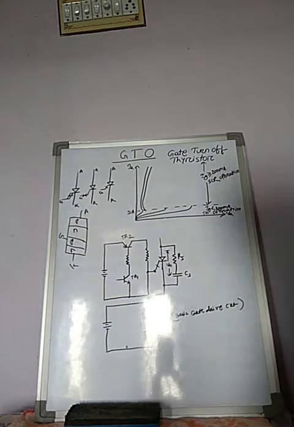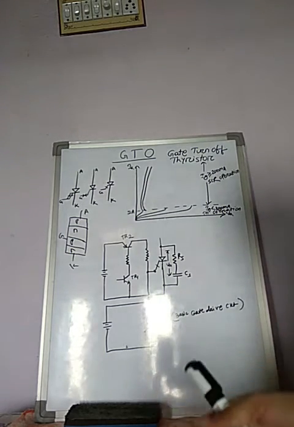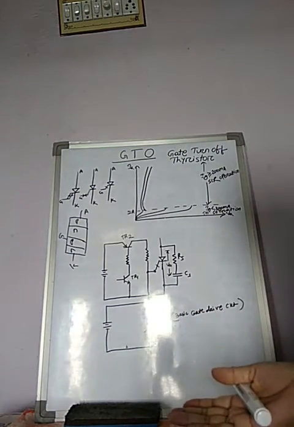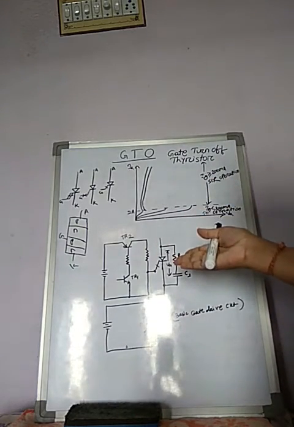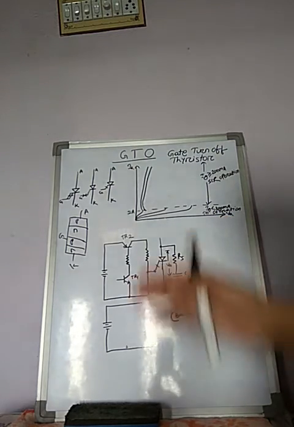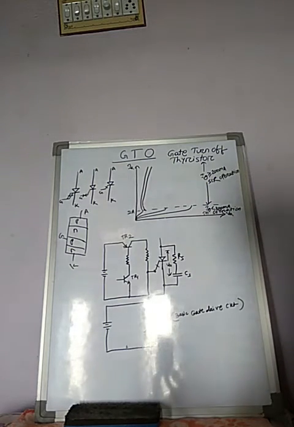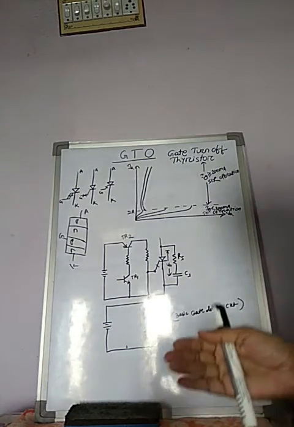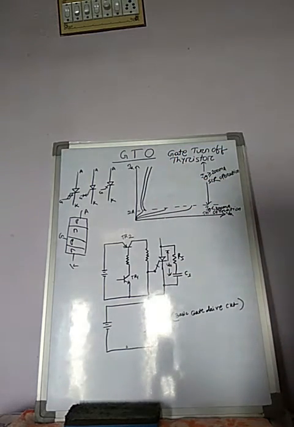GTOs were developed in the late 1960s, but at that time these devices had not much commercial use because of certain performance problems. But nowadays these problems have been improved.